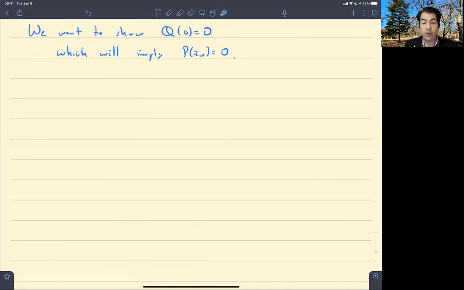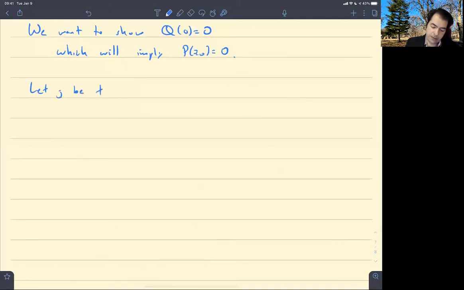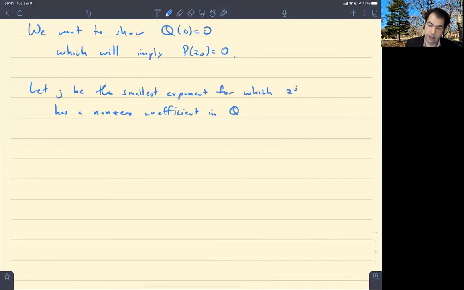So now we want to look at the smallest power of z. That's going to be the leading term near 0. So let J be the smallest positive exponent for which z to the J has a non-zero coefficient in Q.